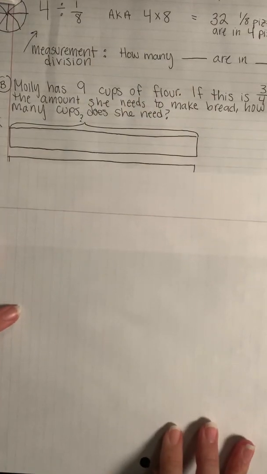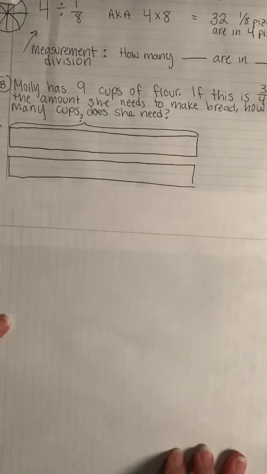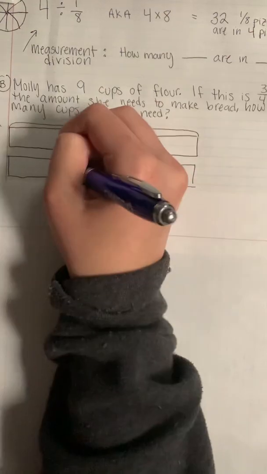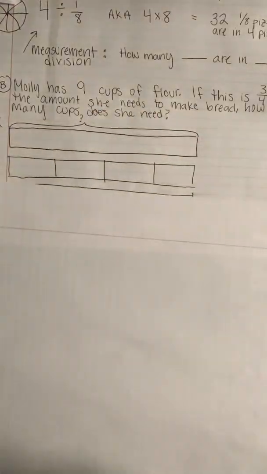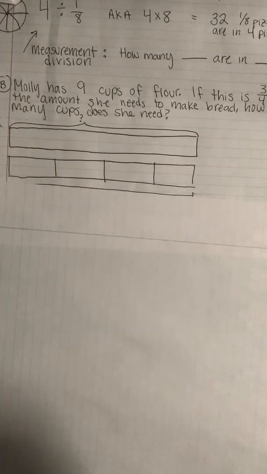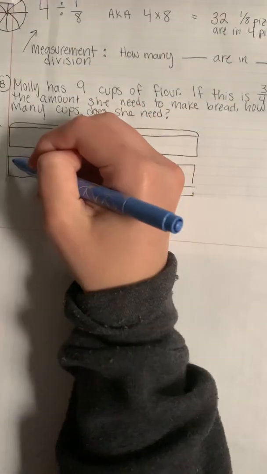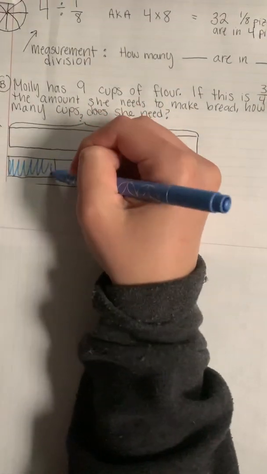So we're finding out the whole. I know that she has 3/4 of what she needs, so let's divide this one into 4ths, and I'll show what she has. I know that she has 3 out of those 4 pieces. She's just missing a little bit.